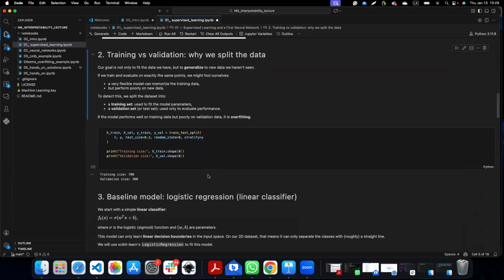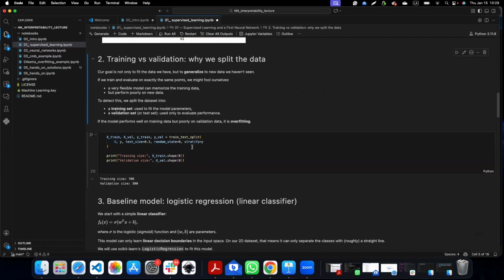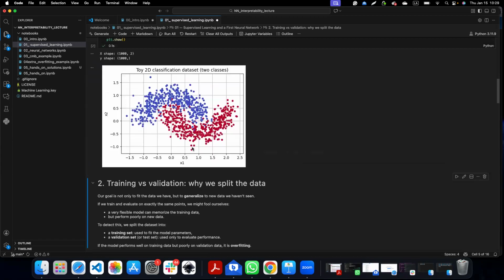But because we are taking a pedagogical approach, we're just going to work with the train and the validation. The X is going to be the parameters X. It's a vector, right? It's X1 and X2. And the Y, which you can see here for train and validation, is going to be the label, meaning blue and red.